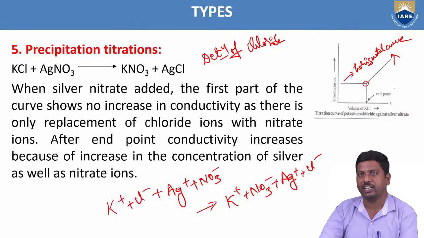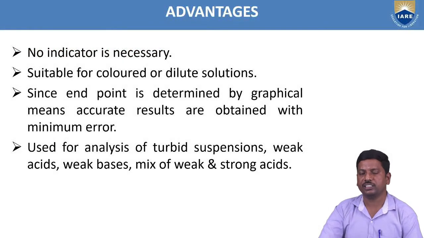Now let us see what the advantages and disadvantages of conductometry are. What are the advantages of conductometry? Already we said that when we move from classical methods of analysis to instrumental methods of analysis, there is no need of an indicator.